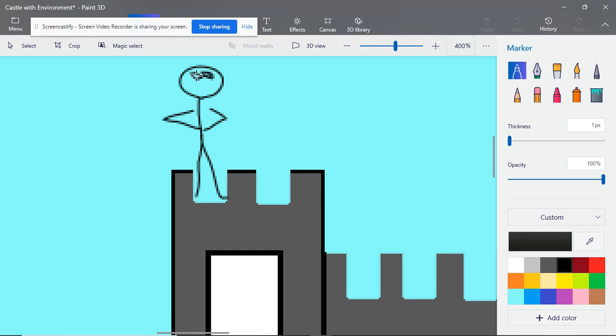And let's just make him have binoculars and some sort of horn. That alerts everyone.